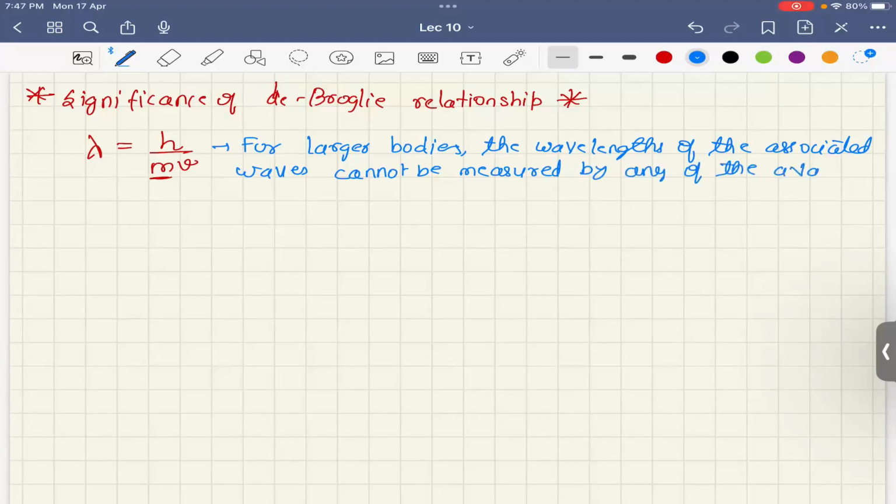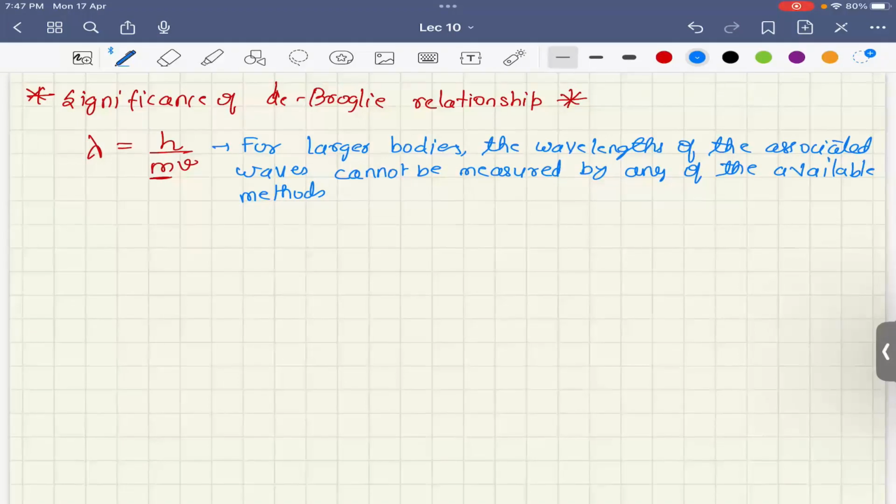Now why is that? Because they are very small. Therefore, practically these bodies are said to have no wavelengths. Thus, any material body in motion can have a wavelength, but it is measurable or significant only for microscopic bodies such as electron, proton, atom, or molecule.